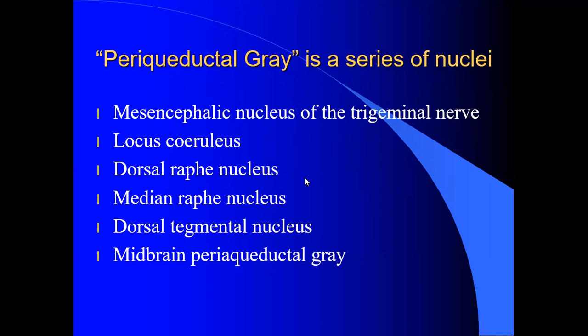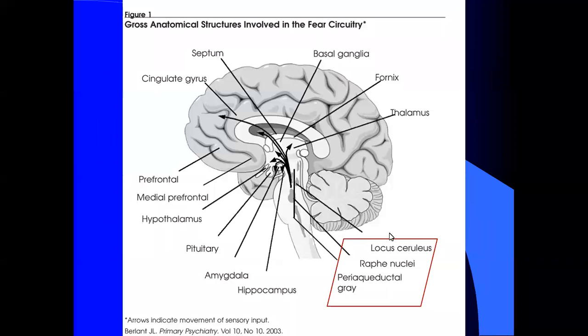We've talked about that. We're not going to talk about it anymore. And the locus ceruleus, and we talked about that last week. We talked about some of the raphe nuclei, but we're going to talk a little bit more today. I mentioned the dorsal tegmental, and then there's this whole midbrain that we just refer to as a periaqueductal gray, and it doesn't get another name.